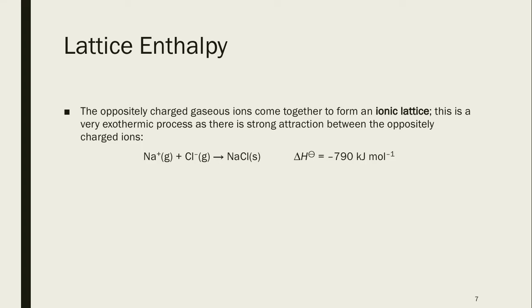Okay, that is how much energy is released, right, exothermic, when these two oppositely charged ions come together. So this is the key to why it is an exothermic reaction. We have the lattice enthalpy, or you might also hear lattice energy, that accounts for a big part of the total overall enthalpy.